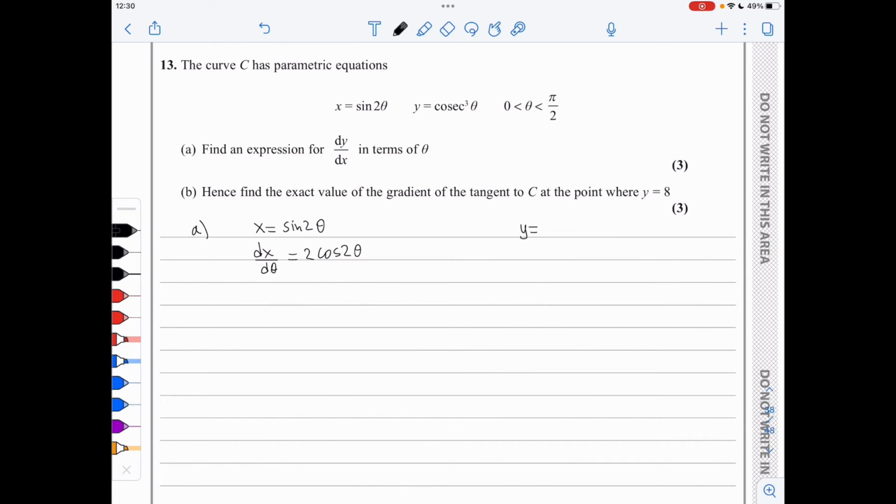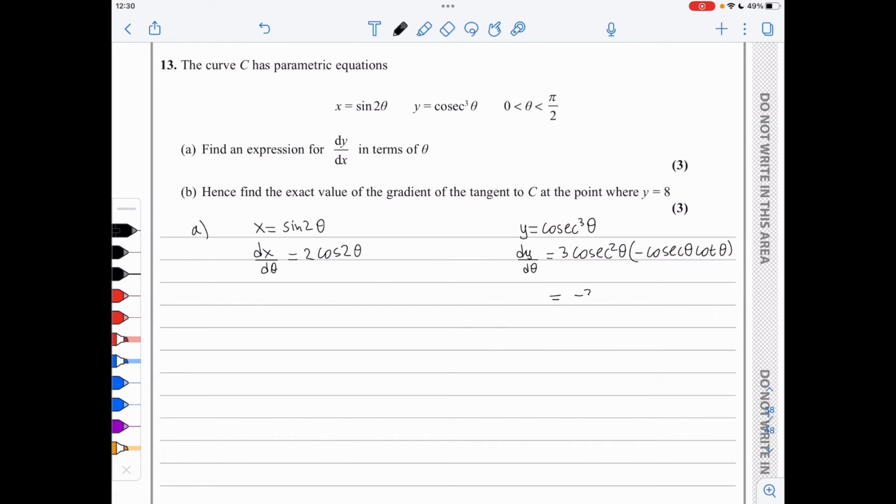And for y, which is cosec^3 θ, I will simply bring the power down, 3, deduct 1 from the power, cosec^2, times the derivative of cosec, which is -cosec θ cot θ.